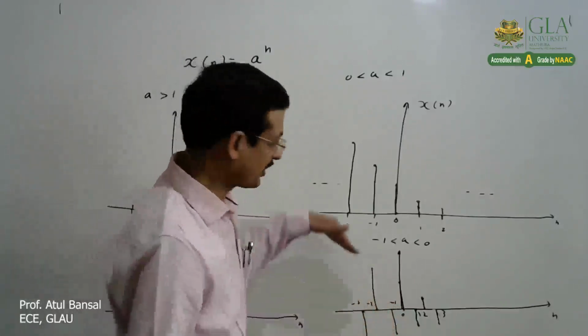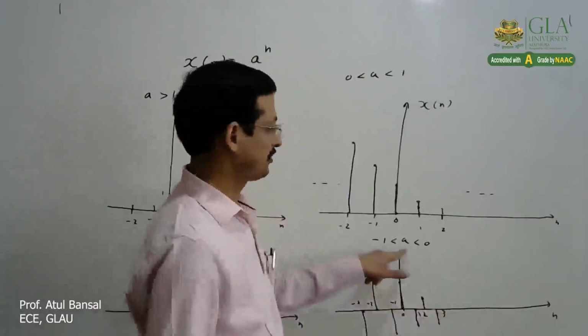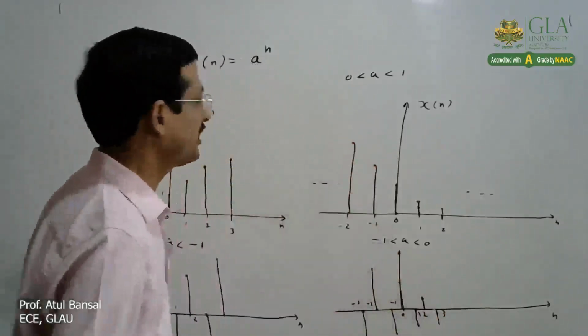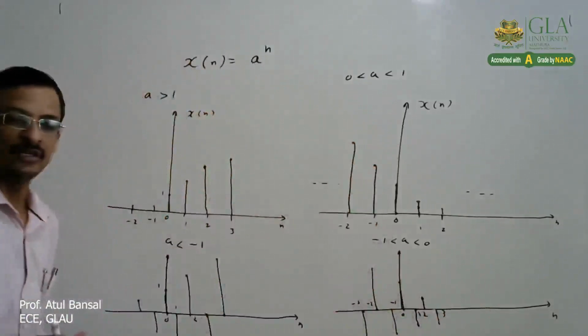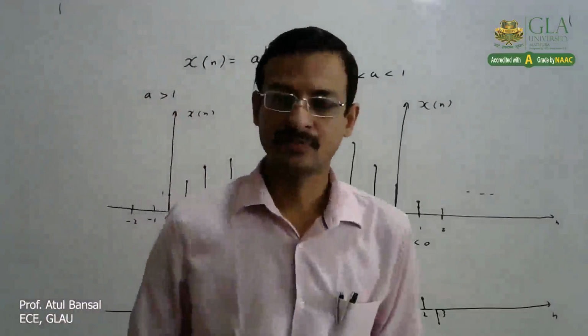So like this, again it will be exponentially decaying on the positive as well as the negative side. That is when a is less than 0 and greater than -1. So in this discrete case, there are 4 different cases for the real exponential signal. Alright, so that is all about the real exponential.